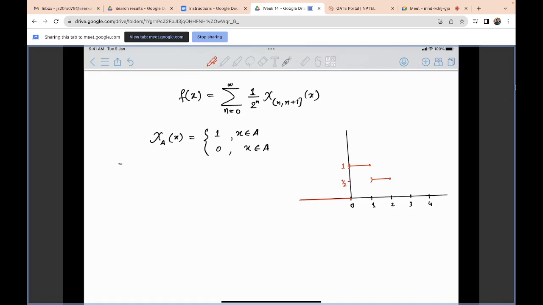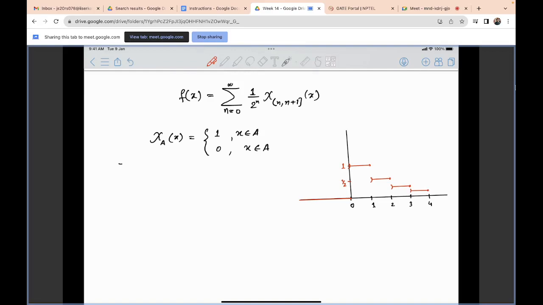Right, next it will take 1 by 4 like this, and so on. Like this function.